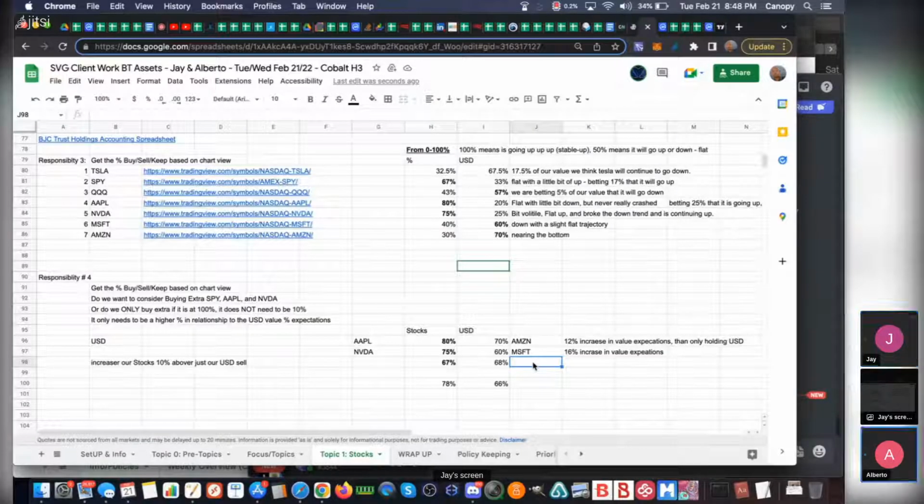I still don't understand why we don't put Tesla here in the lowest three. We're putting Amazon, Microsoft, which is 60. Because when we sell Tesla, because we think Tesla is going to continue to go down, the value trajectory of the US dollar is much higher in relationship to Tesla than it would be in relationship to Apple, for example, right?